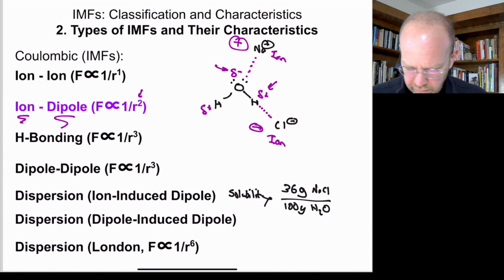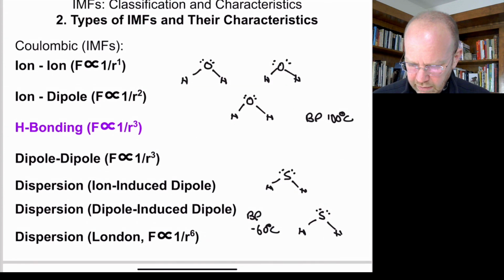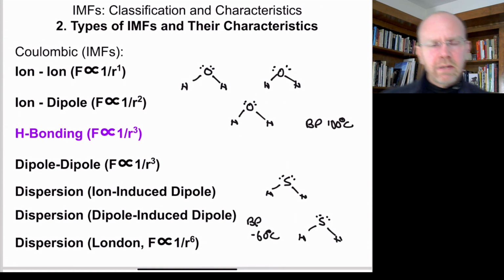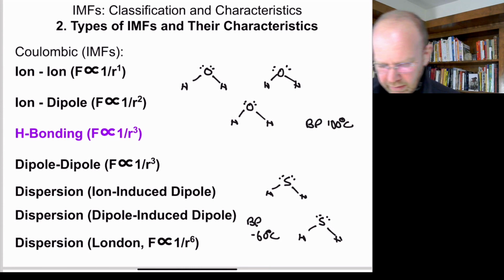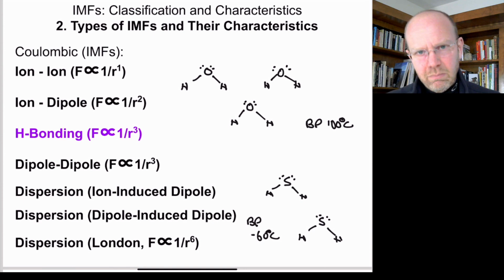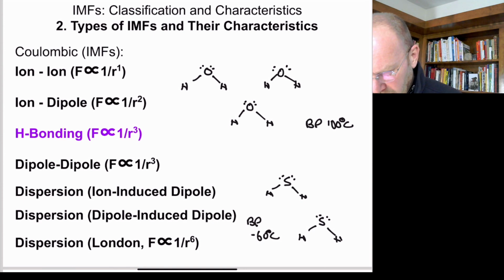Okay, so let's now talk about hydrogen bonding. Hydrogen bonding is a very specific case of dipole-dipole forces, and it only occurs in very specific situations. Let's start with the one that I think you're familiar with, which is hydrogen bonding in water. I've already sort of talked about it. Hydrogens in water have a partial positive charge. The oxygen has a partial negative charge.